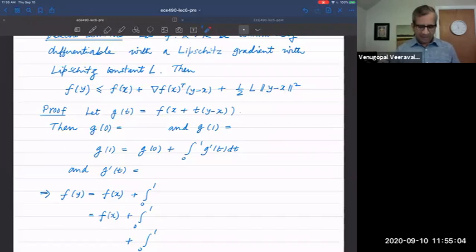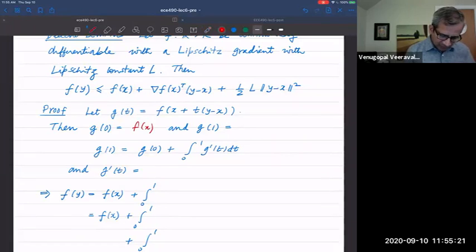All right, so time to get started on proving the descent lemma. Again, we define this function g of t as f of x plus t times y minus x. So g0 is f of x, and g1 is f of y.